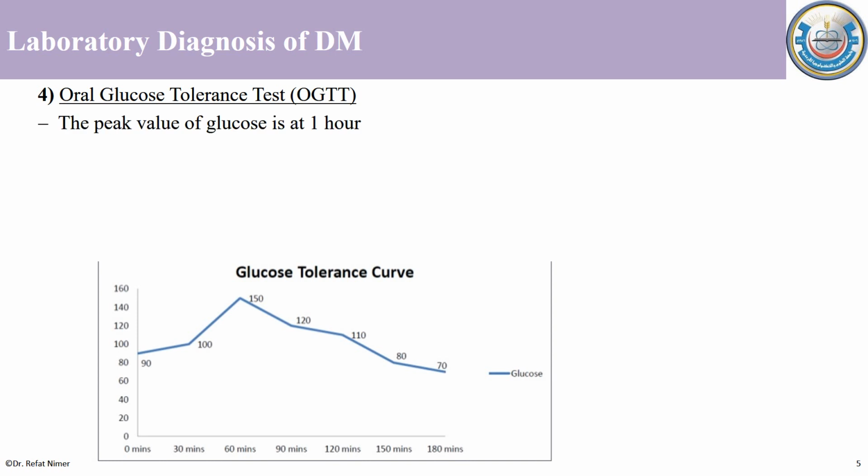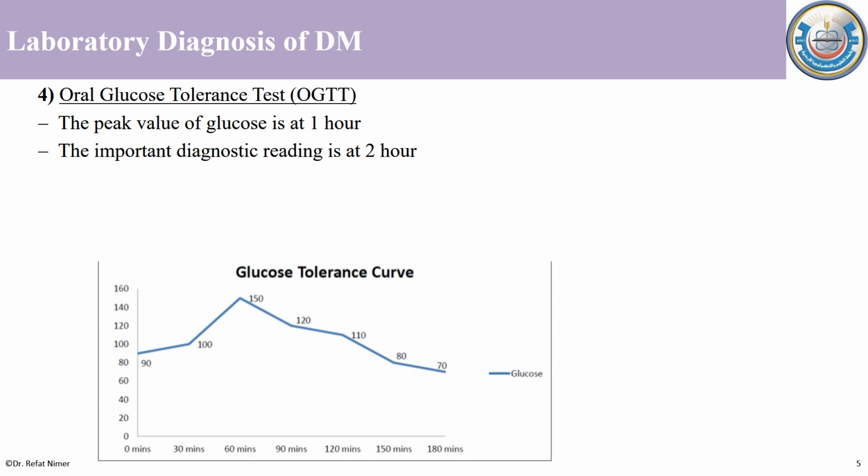The peak value of glucose is at 1 hour, and the important diagnostic reading is at 2 hours. So the fasting blood glucose at 0 is here, as you can see in this curve.